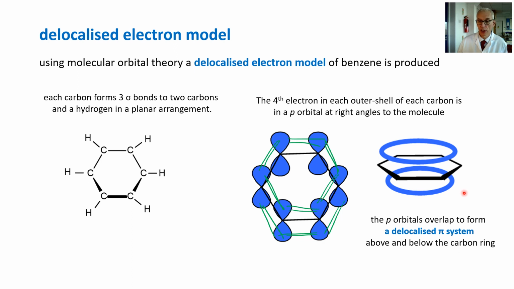So the electrons within this model are not located or localized to any particular pair of carbons. They are able to move anywhere within the overlapping pi systems above and below the plane of the molecule.